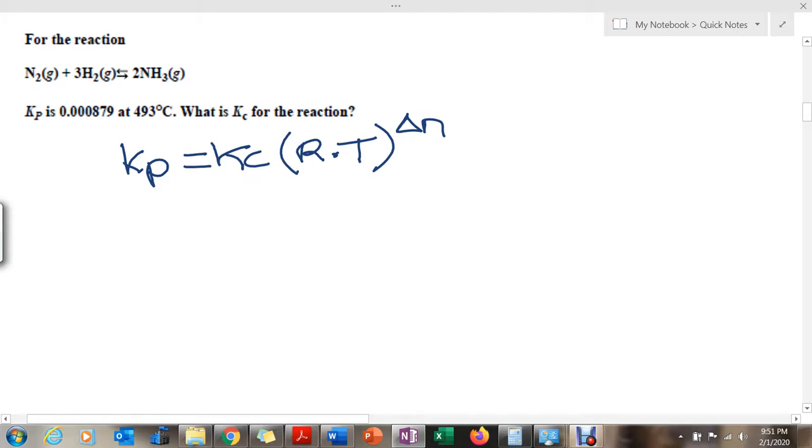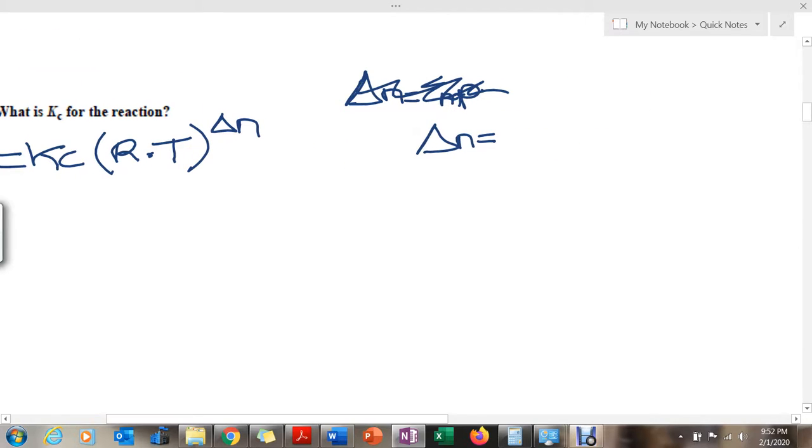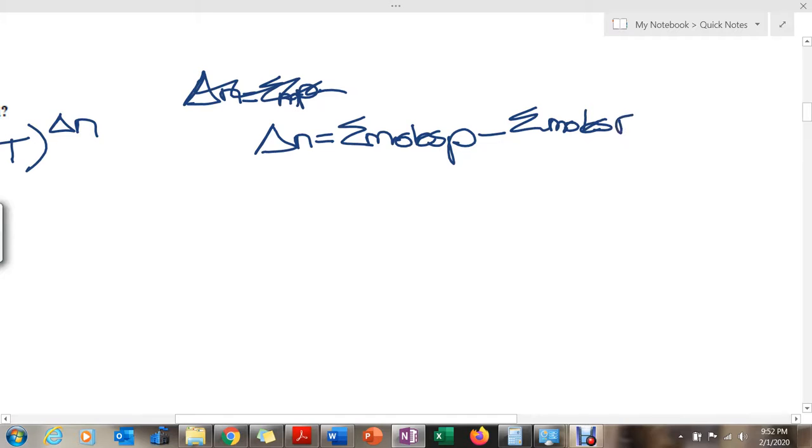This is the difference in the coefficients. Delta n would be the sum of the moles of products minus the sum of the moles of reactants.